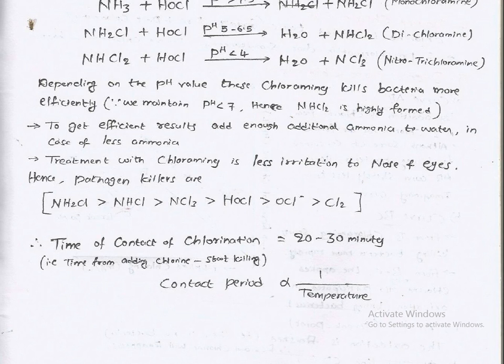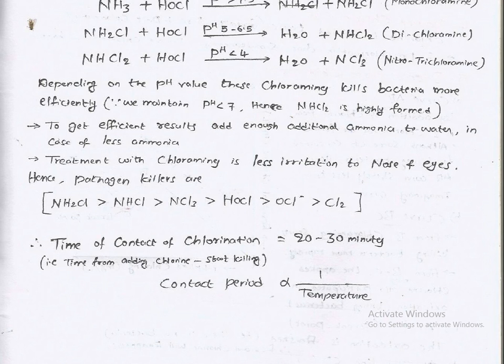To get efficient results, add enough additional ammonia to the water. In case of less ammonia, the treatment will be less effective. Chloramines cause less irritation to nose and eyes.